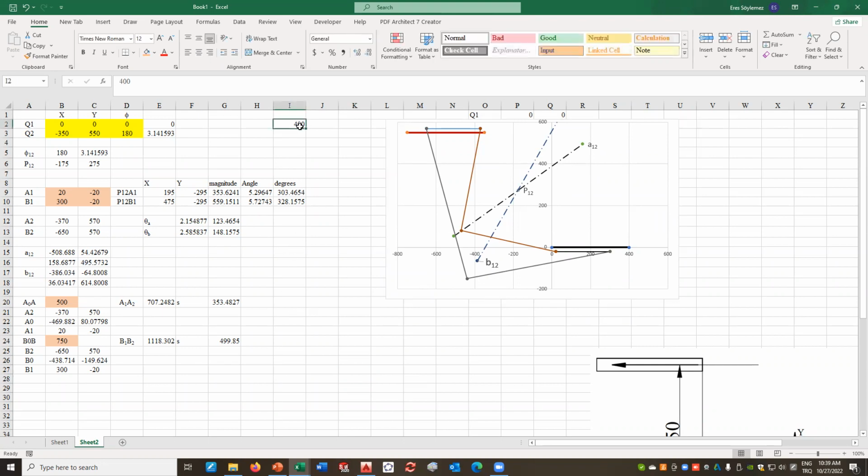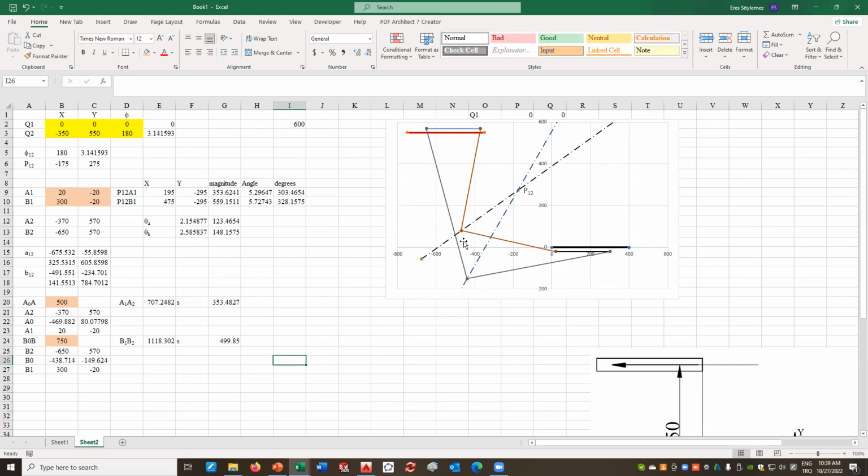This 400, let me make it to 500 so that, ah, that's good. B13 is way down. Okay. Now I have to animate this mechanism. Correct?